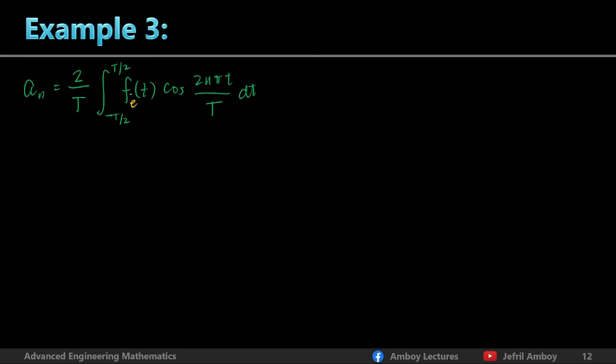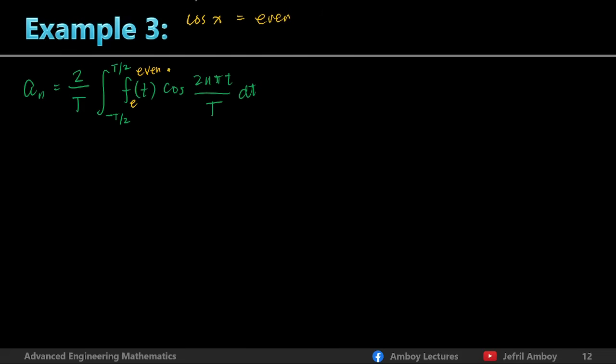Now, ano ba ang rule kapag nagmumultiply tayo ng dalawang functions? Meron ba tayong rule dyan? Yes. Ilagay muna natin dito. Remember that this f of t is an even function. Okay? How about the cosine function? What type of function is cosine? Okay, remember that cosine x is an even function.